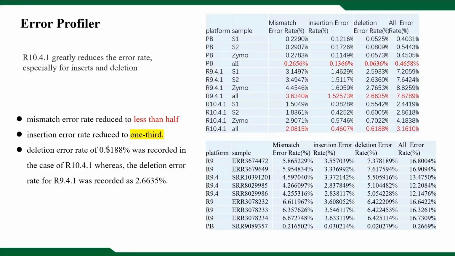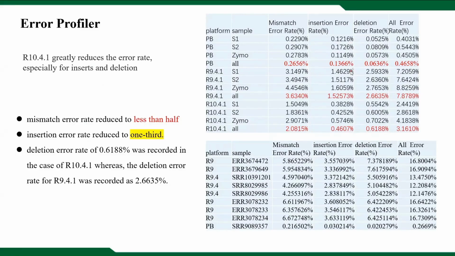To evaluate the accuracy of the R10 flow cell, after improvements, error profiling was performed on the long-read data. We calculated the mismatch error rates and the indel error rates of samples. Meanwhile, we obtained a mean error rate among all samples.